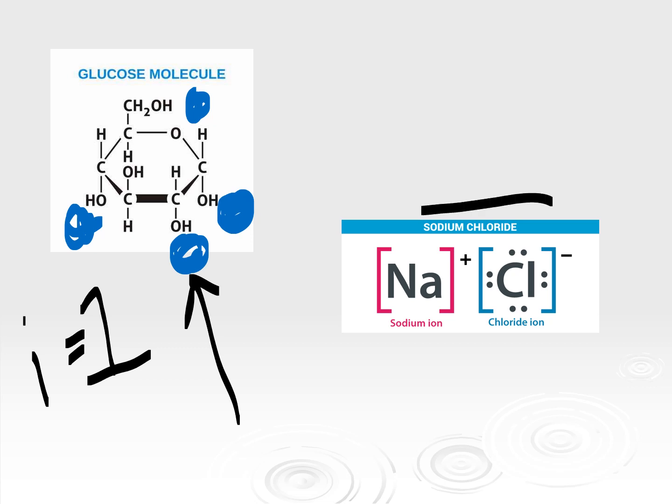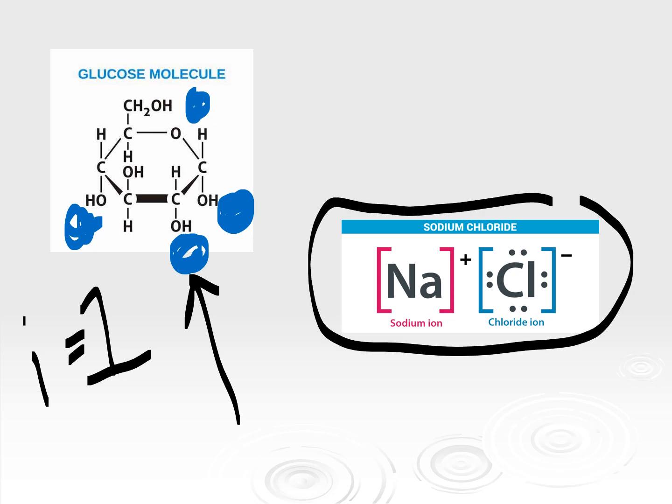What about an ionic compound like sodium chloride? Well, if I were to dissolve sodium chloride into water, the water molecules will actually bind to each ion separately and separate them in the solution. So what I'll end up with is some sodium ions, and I'll end up with some chloride ions.